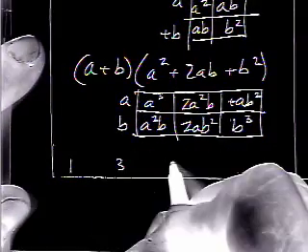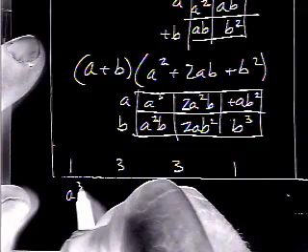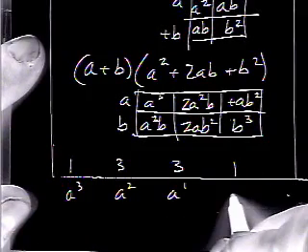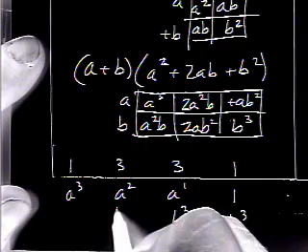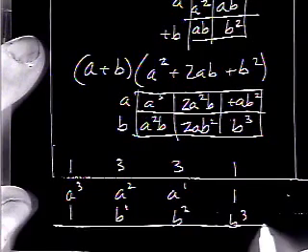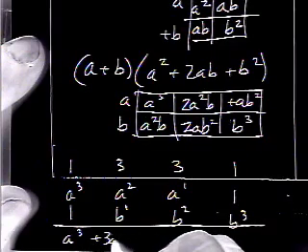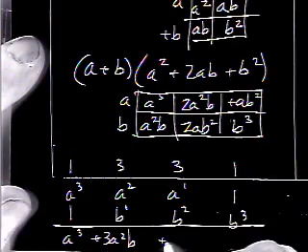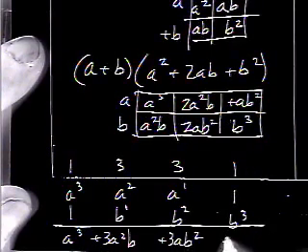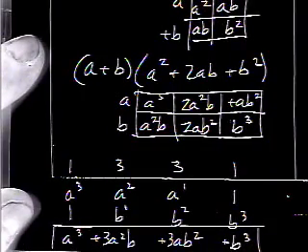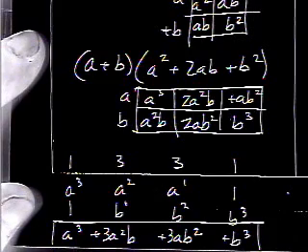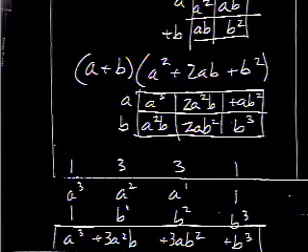Of course! 1, 3, 3, 1. a to the third, a to the second, a to the first, a to the 0. b to the third, b to the second, b to the first, b to the 0. a to the third plus 3a squared b plus 3ab squared plus b to the third. Of course we can do that, because we are good like that.